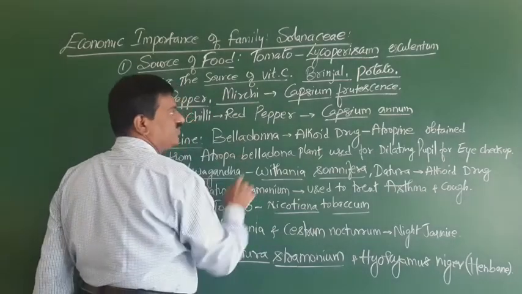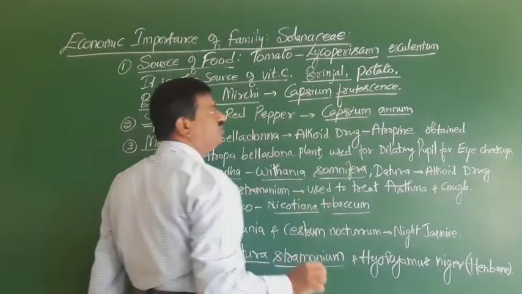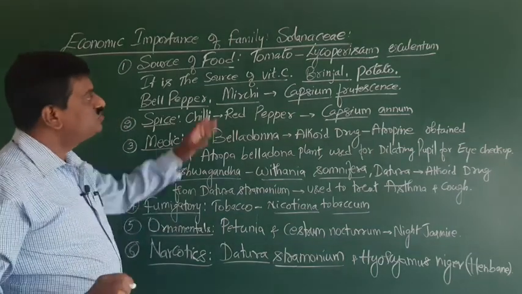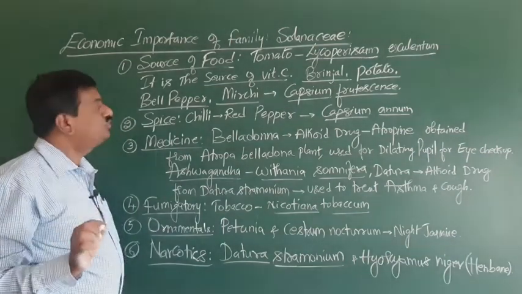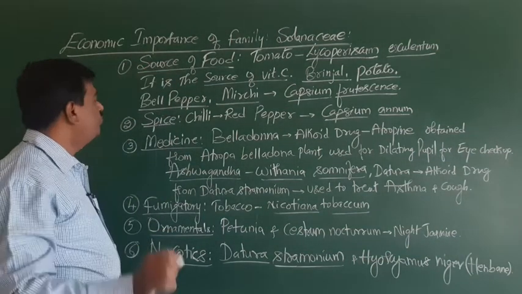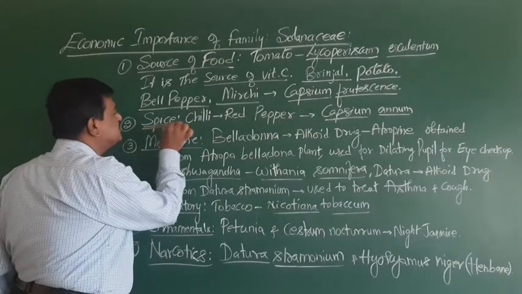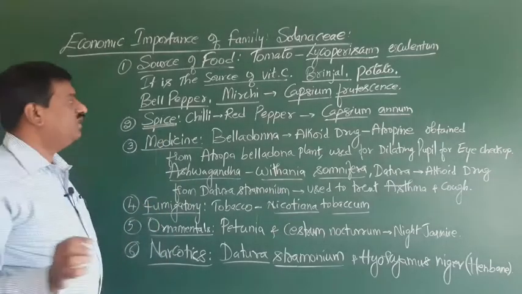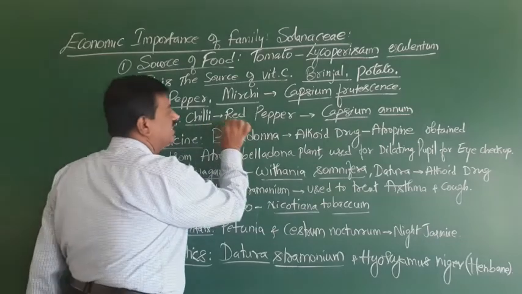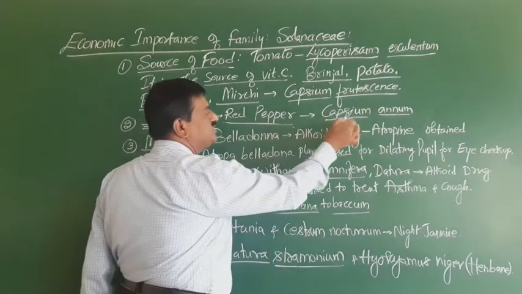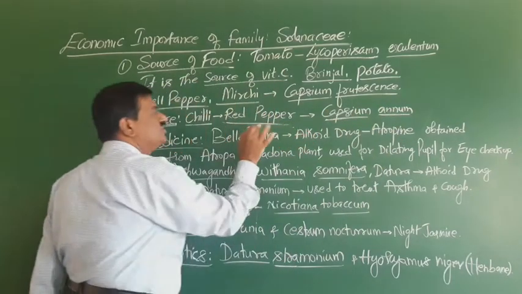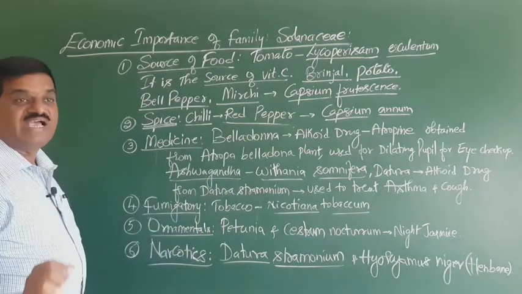Next mirchi, Capsicum frutescens. So this is called capsicum. All these are used in food. Next one is spicy, called chili. Red pepper, called Capsicum annuum. This again is used in spices.